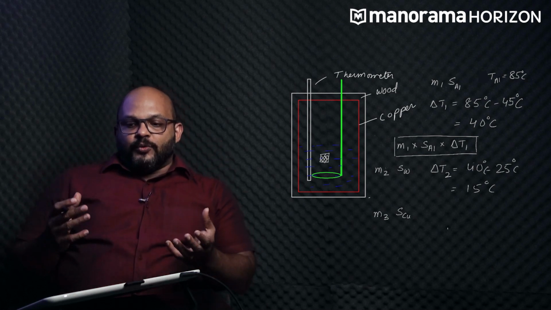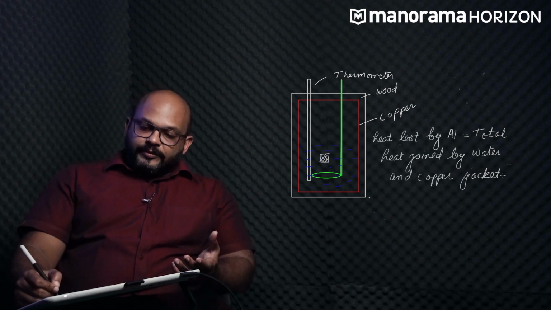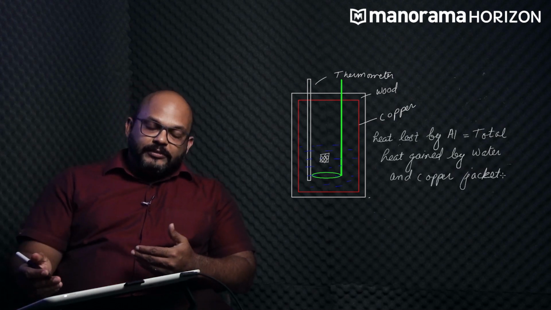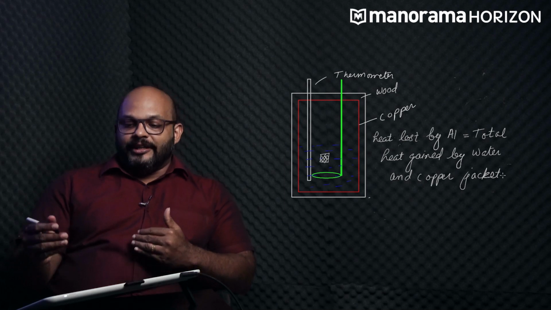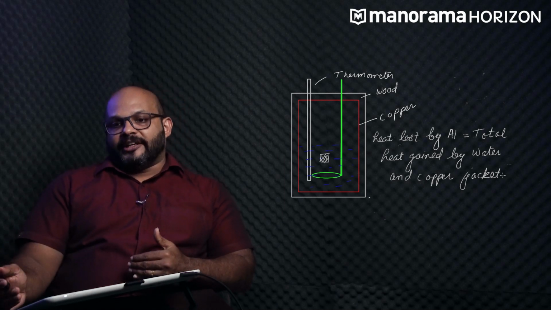So equating these two sides, we get a new equation. In other words, the heat lost by the aluminum is equal to the total heat energy gained by the water and the copper jacket.